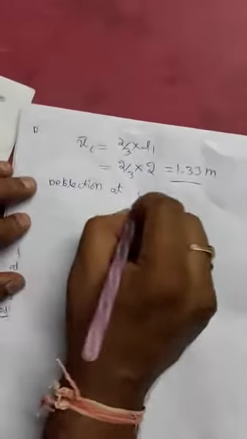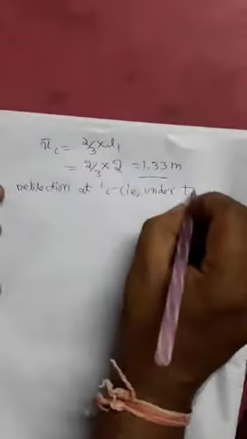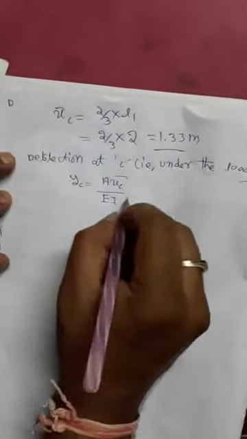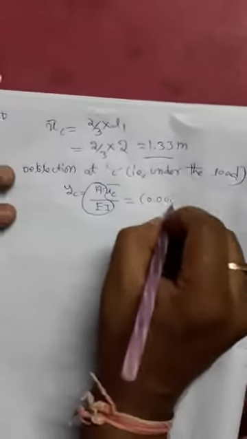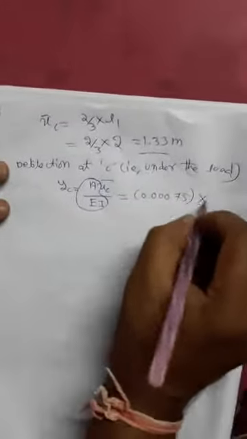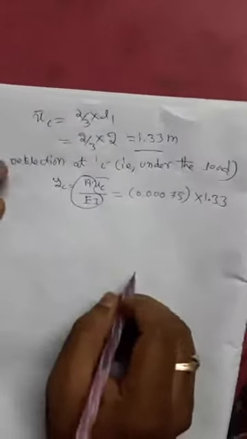So the next deflection. Deflection at C, that is under the loads. So YC equals A X bar C by EI. Already you have the value of A by EI, that is 0.00075 into 1.33.